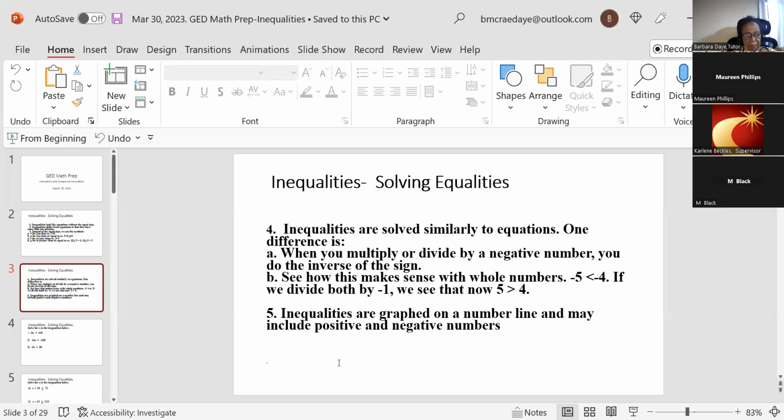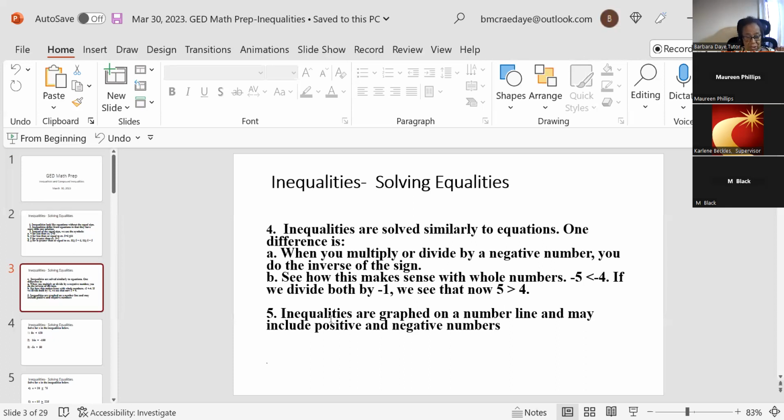Please repeat that part, Miss Barbara. Yeah, I say just remember on the number line, if you have a greater than or a less than, it's an open circle, open dot on the number line. So if you give them a multiple choice and it's a circle on the number line and it's open, not shaded, then you know it's either greater than or less than.